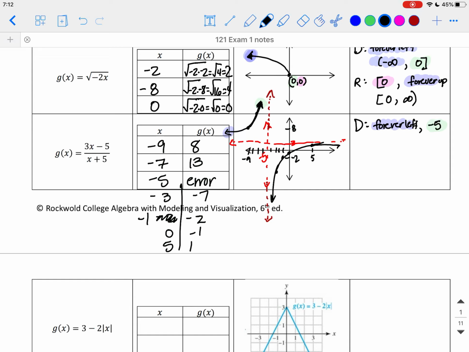So forever left is going to be -infinity, always with the parentheses, and -5, again, because of that vertical asymptote, that part of the graph never touches it. So -5 is not included, and we show that with parentheses. But we're not done. We also have to address the domain of the other piece of the graph.